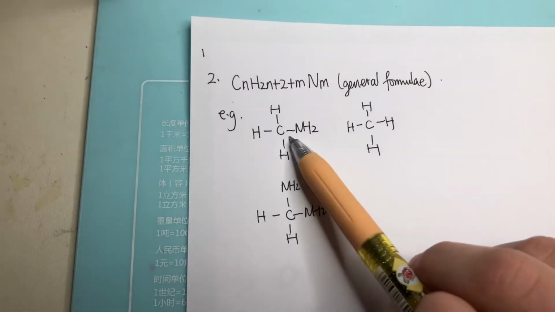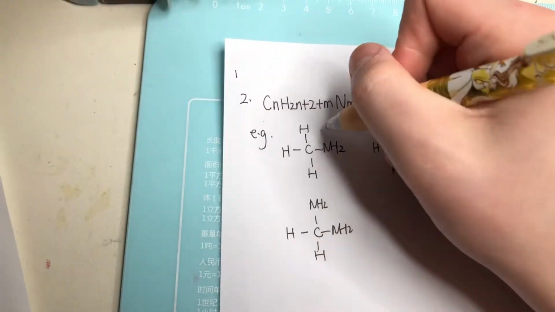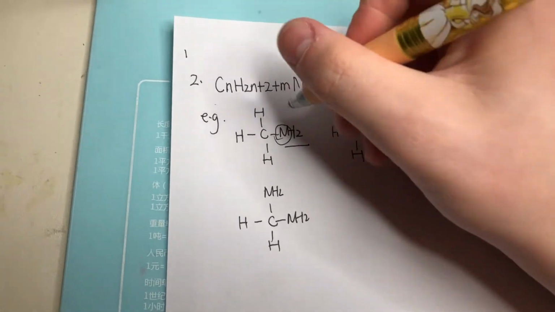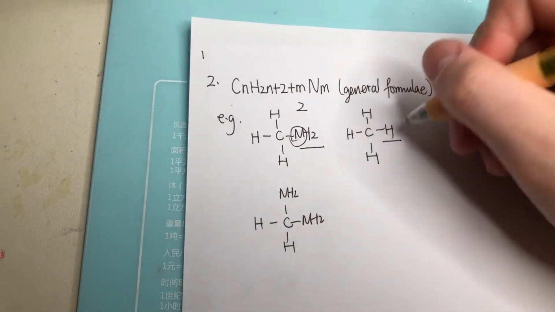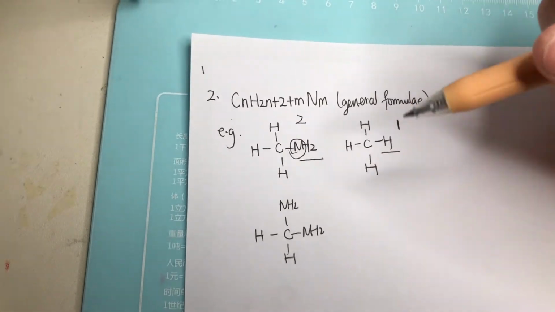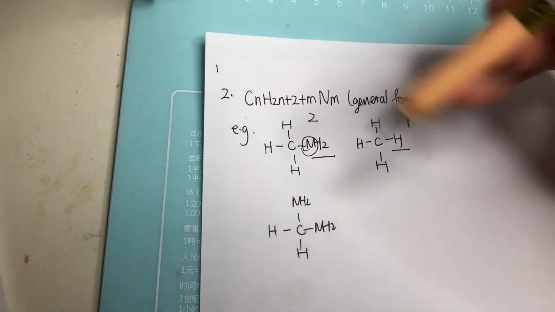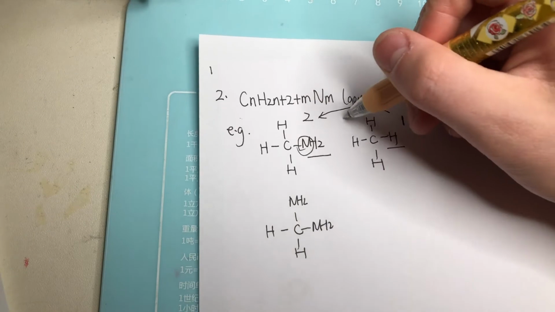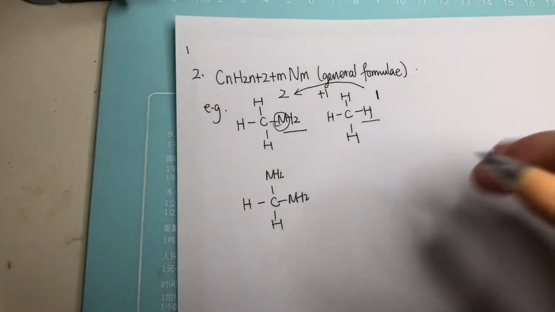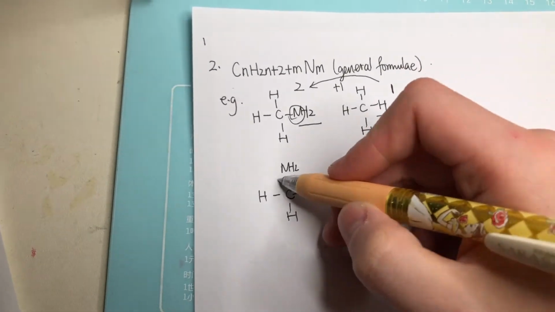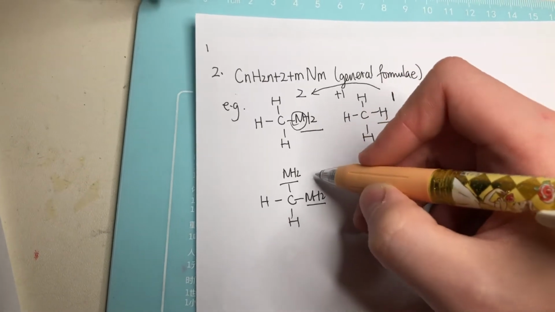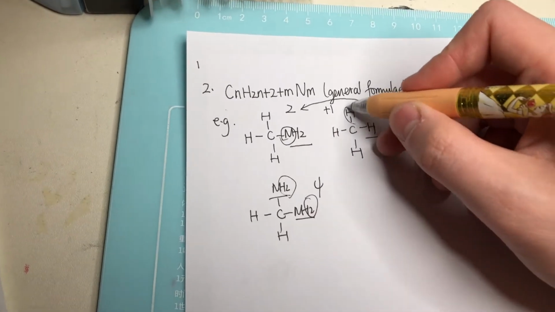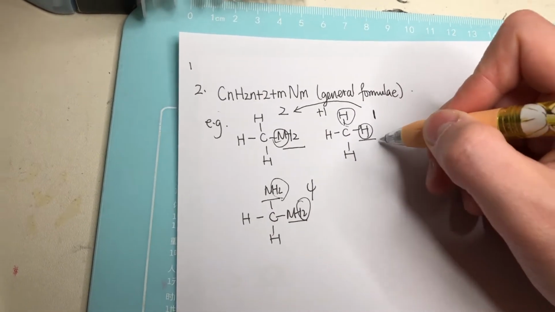We can see as we add one more nitrogen here, we need 2 hydrogens, and here we only have 1 hydrogen. So when adding an extra nitrogen, we have to add an extra hydrogen, plus 1. Further on, if we add 2 nitrogens, then we have 4 hydrogens, but we used to have 2 hydrogens.